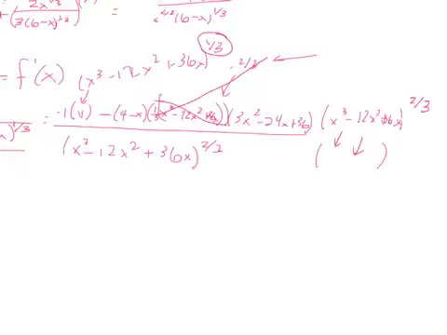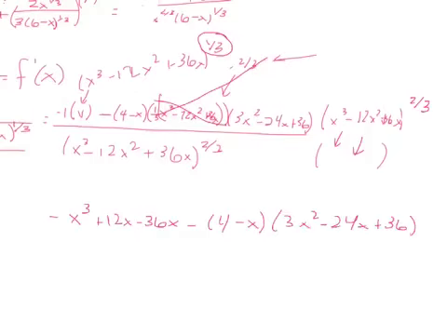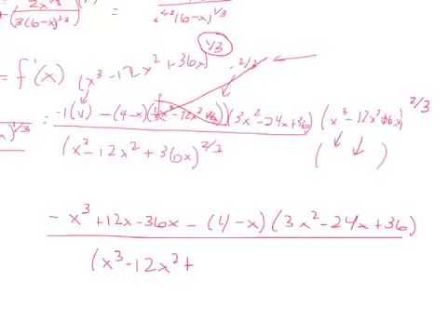So that would be numerator negative x cubed plus 12x squared minus 36x minus 4 minus x times 3x squared minus 24x plus 36, divided by x cubed minus 12x squared plus 36x to the 4/3. Everybody okay with that?